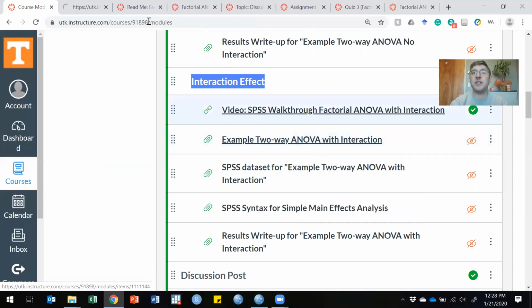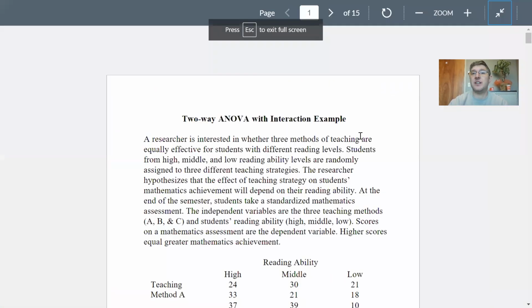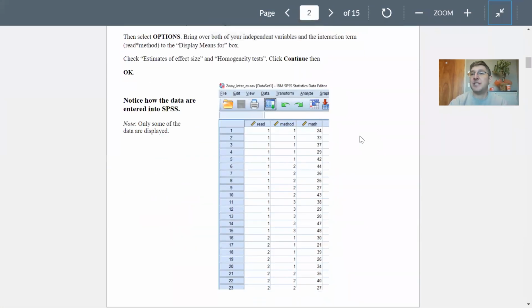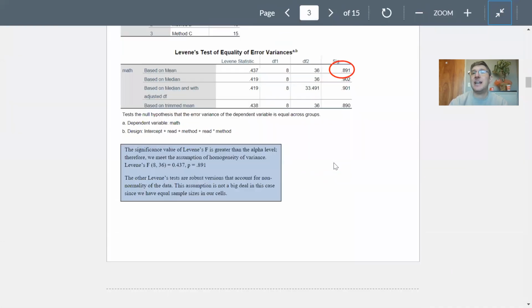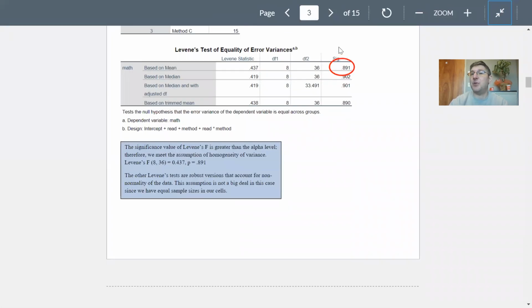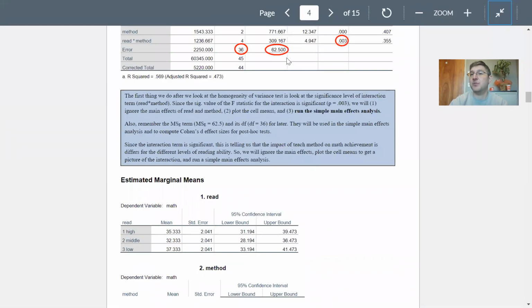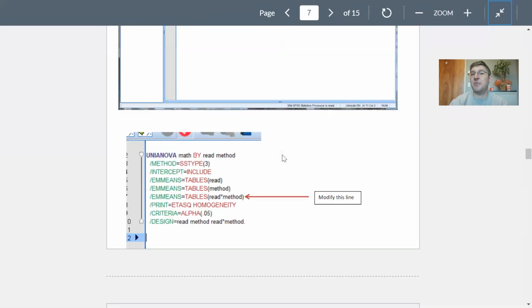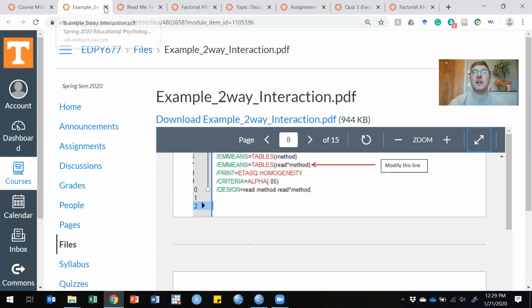We'll open it up and you can see the research scenario here, how you'd run it in SPSS, what the data look like in SPSS, and then the annotated output, what we're looking at, and how we interpret each one of these tables.